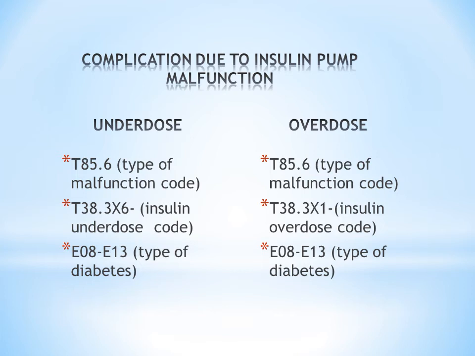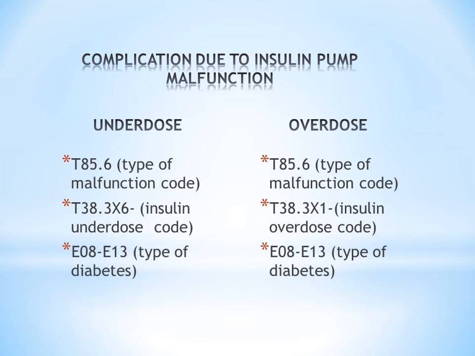If the type is mentioned as displacement or breakage or leakage, you may select the appropriate code from T85.6. If it is not mentioned as these terms or if it is just mentioned as malfunction, then we have to take the code for other mechanical complication of insulin pump, which also comes in T85.6. So the first code is T85.6 series.